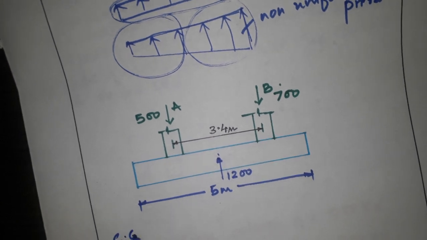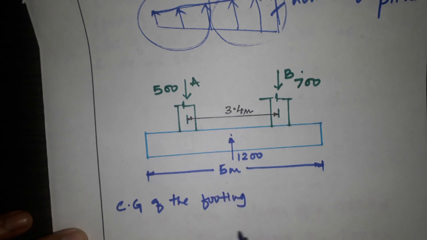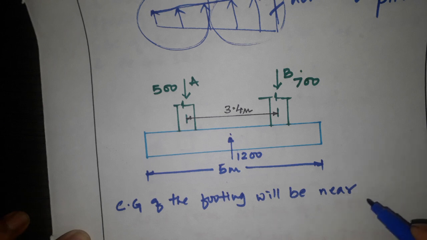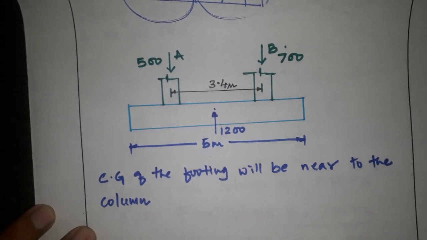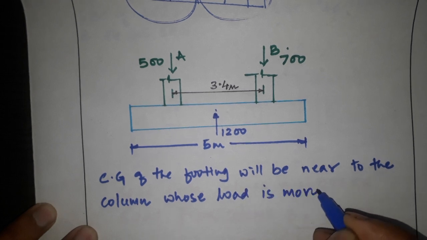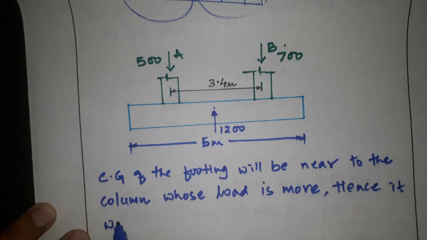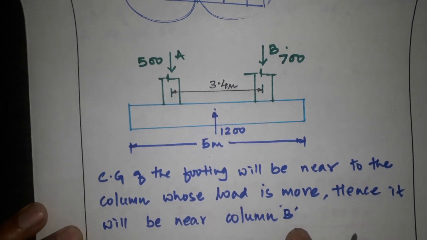So here the CG of the footing will be near the column whose load is more, hence it will be near column B, because we have more load over column B, so automatically it will be near to column B. Understood?